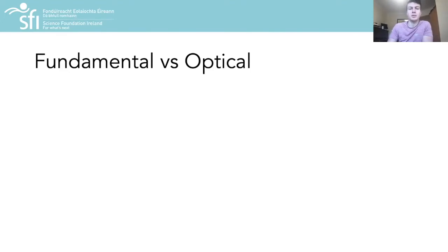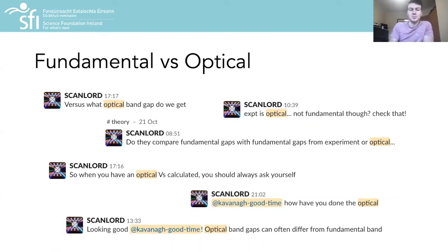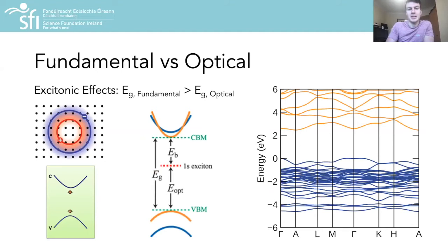One of the fundamental truths in life is that if you ever quote David a band gap, he will immediately ask whether that's the optical or the fundamental gap. So what is he talking about here? Many experimental techniques determine the band gap using optical absorption, or techniques that at least rely on the optical absorption of the material, such as UV-vis absorption or photoconductivity measurements.